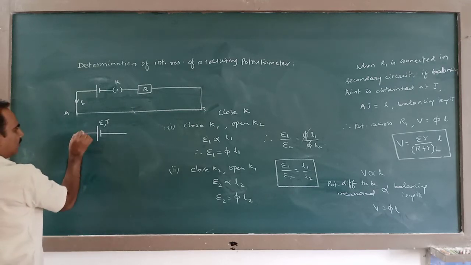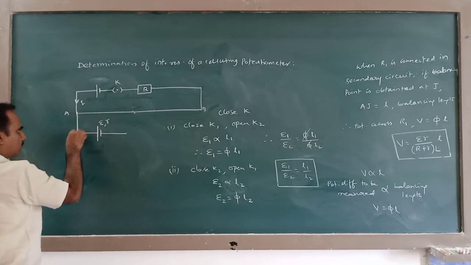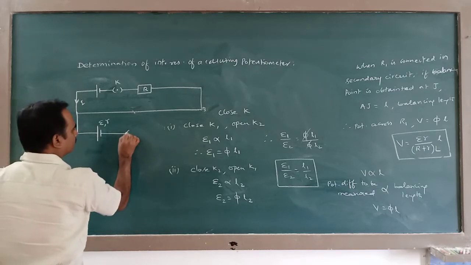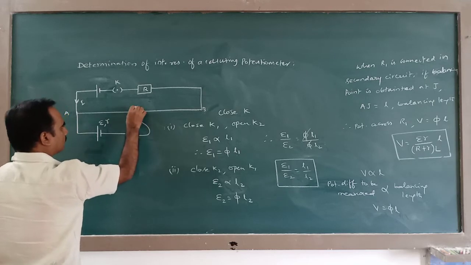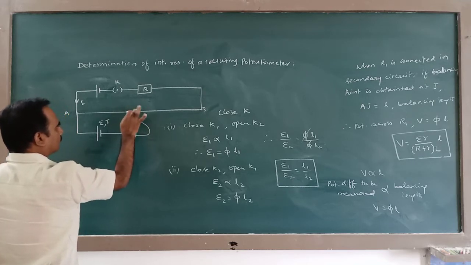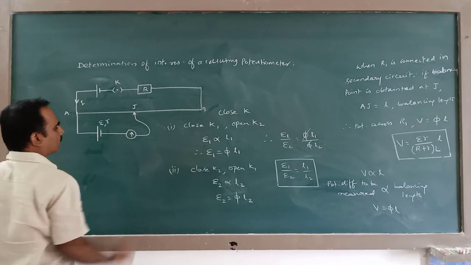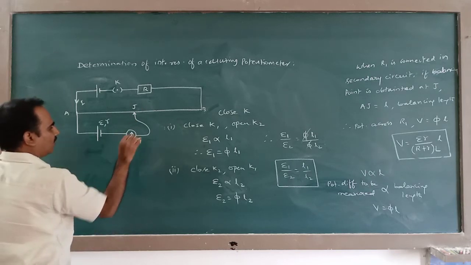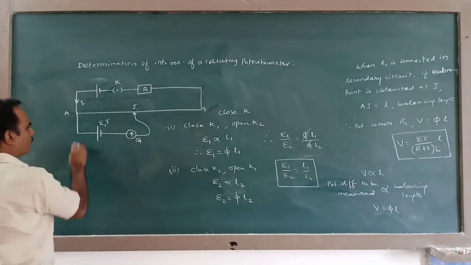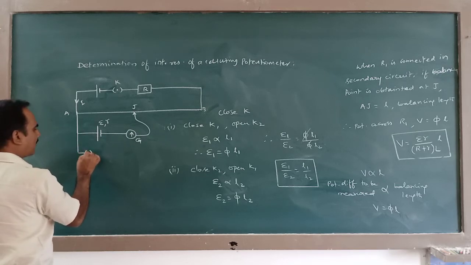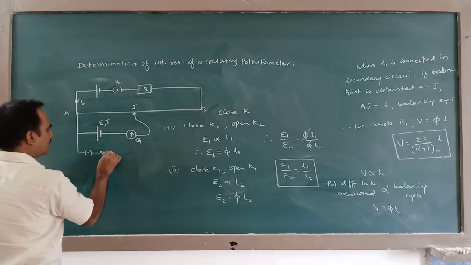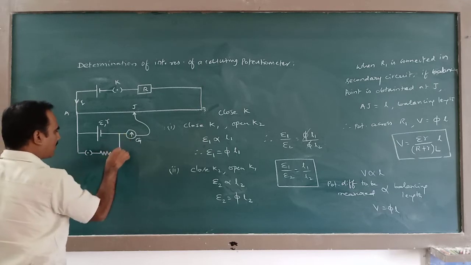You connect this cell in the secondary circuit like this, and across the cell you connect a plug key and a standard resistance R parallel to the cell.